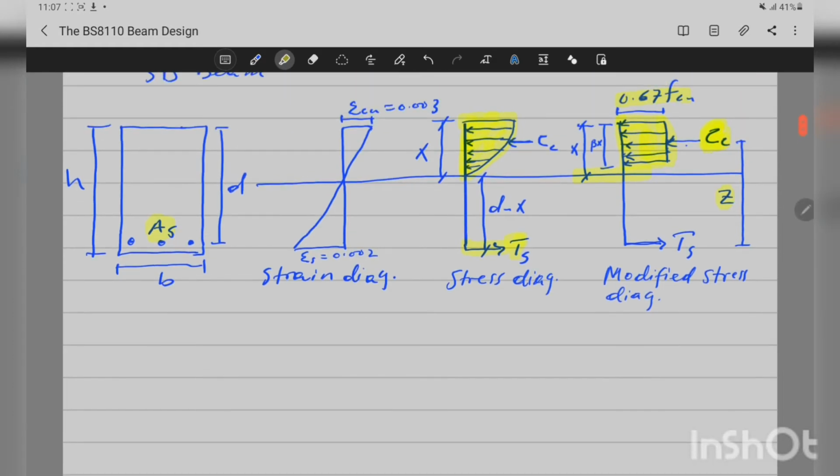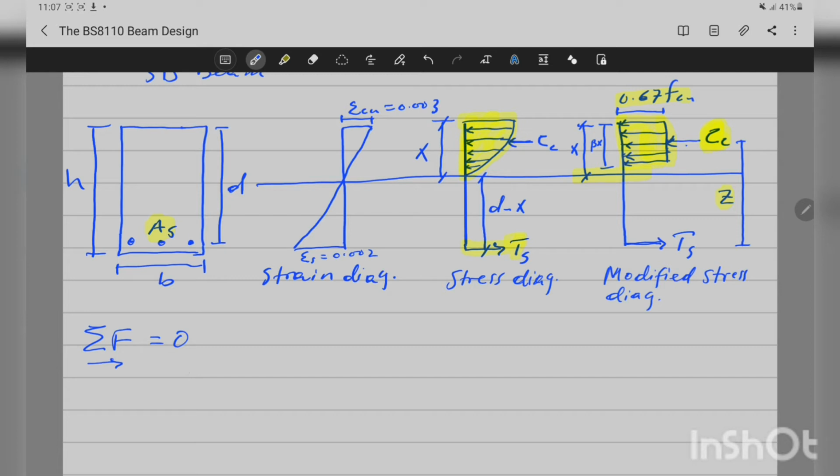Now when we come to the analysis here, we will go to equilibrium of forces. So we have this force CC, which is a compression in concrete, and TS, which is a tension in steel. When we take the summation of forces in the horizontal direction, it should equal 0.